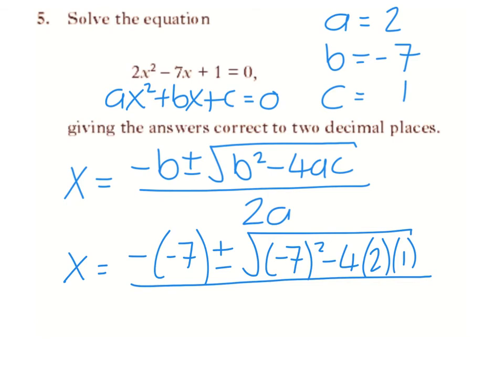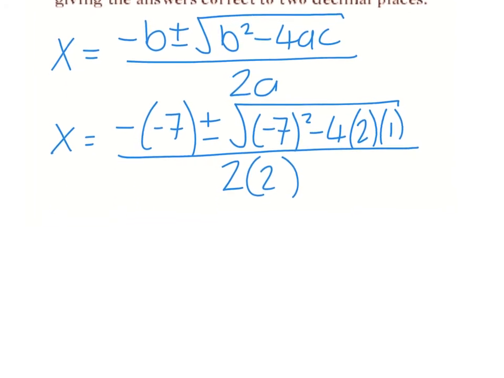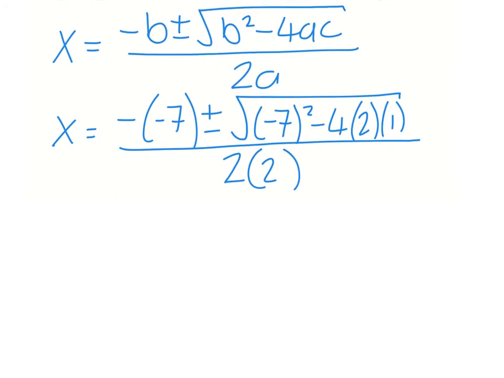That's all over 2a, which is 2 times 2. So move this up a little bit to give us some space. So we have -7 at the start, which is just 7. Then it's plus or minus the square root of -7 squared, which is 49.